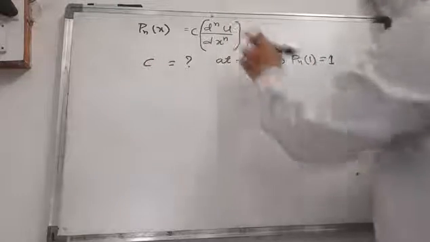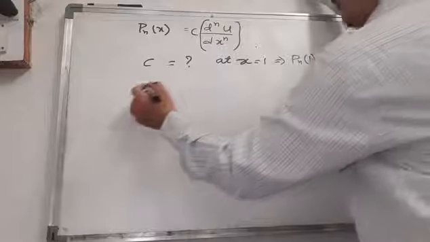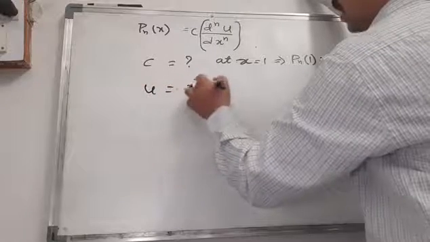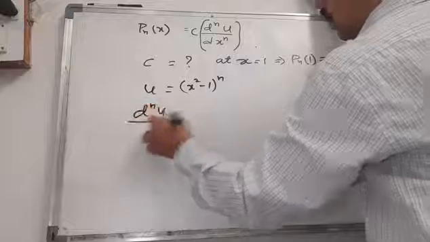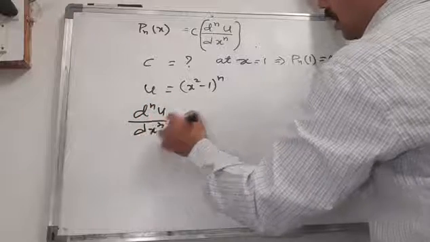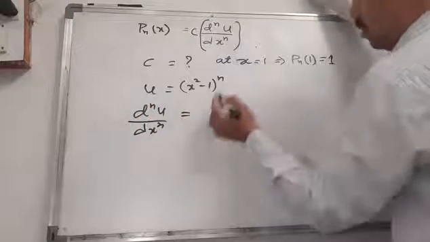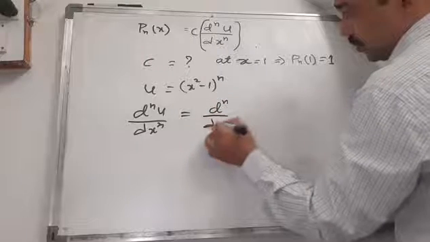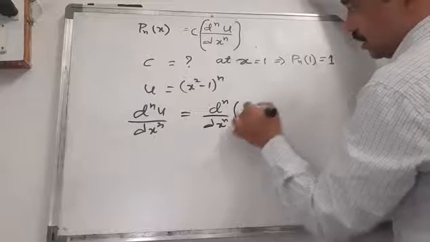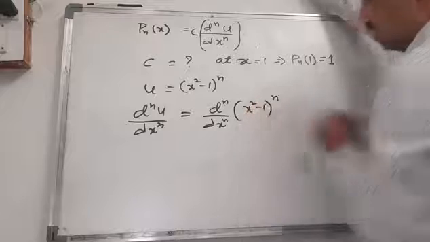So let us differentiate this one, nth derivative. We already know u is equal to (x square minus 1) whole power n. So the nth derivative of u is equal to the nth derivative of (x square minus 1) whole power n.